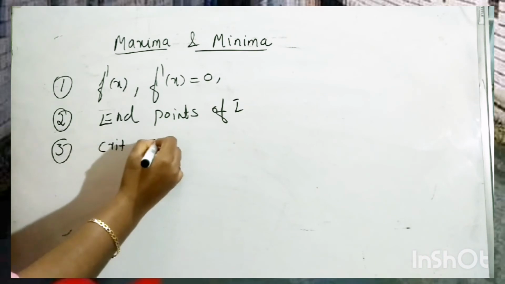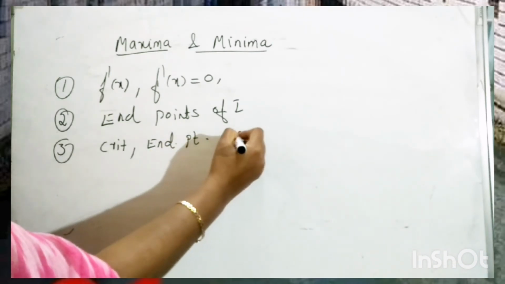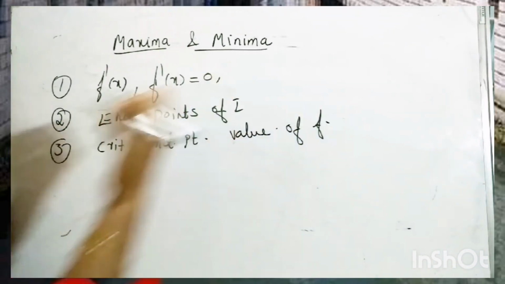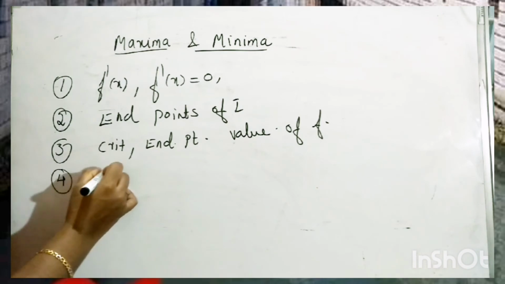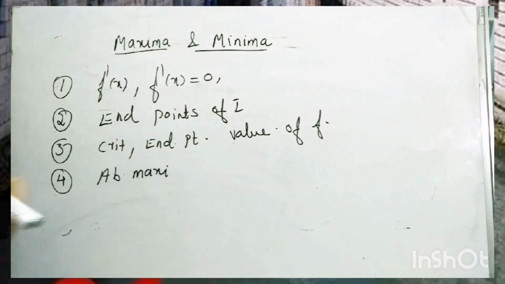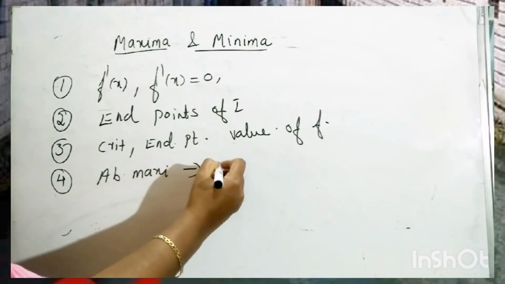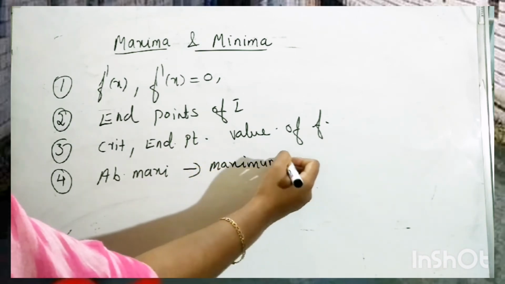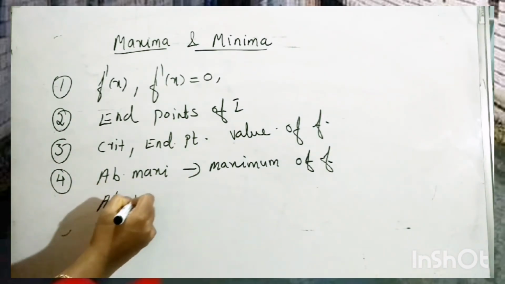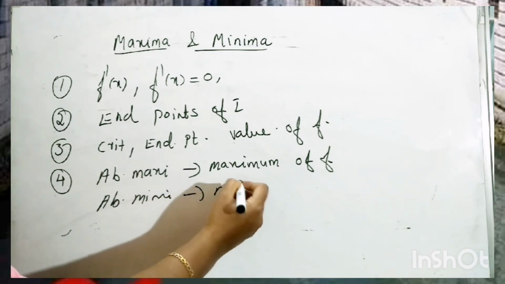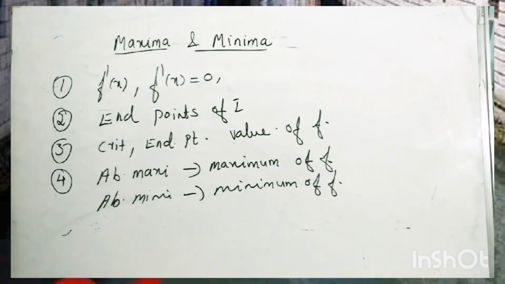If you want the absolute maximum, we take the maximum value of f, and the absolute minimum is the minimum value of f at these critical points and endpoints.